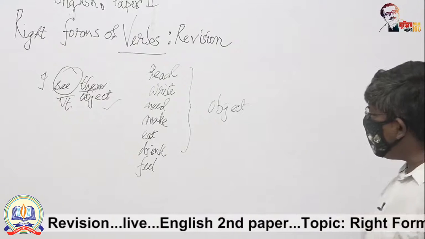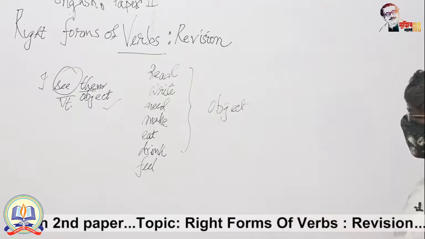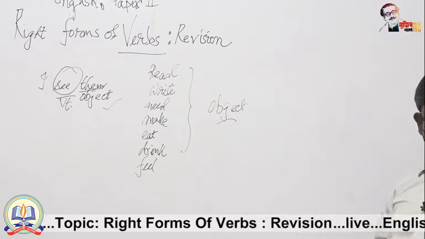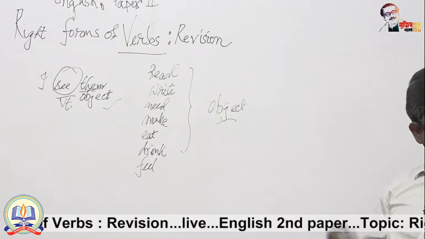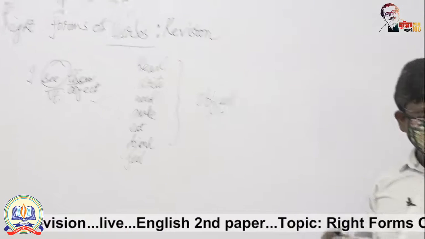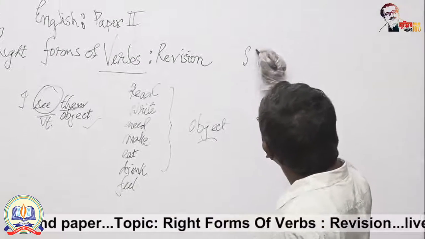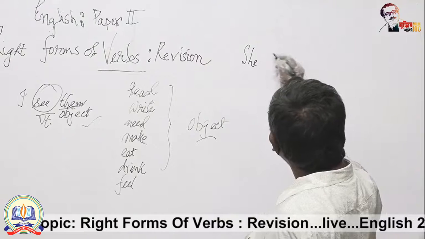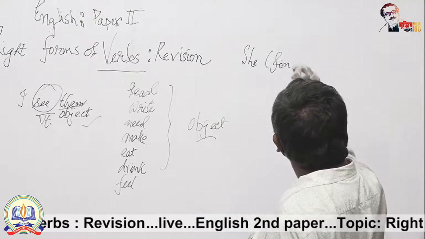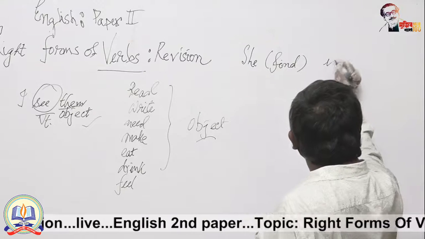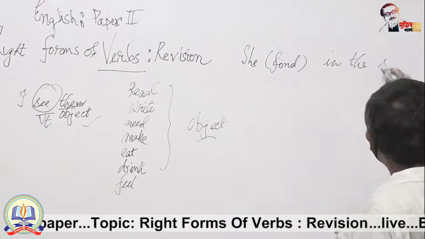But if we have a verb like this one that needs an object, without any object, we make sure that the verb should be expressed in the passive form. For example, she find in the school.